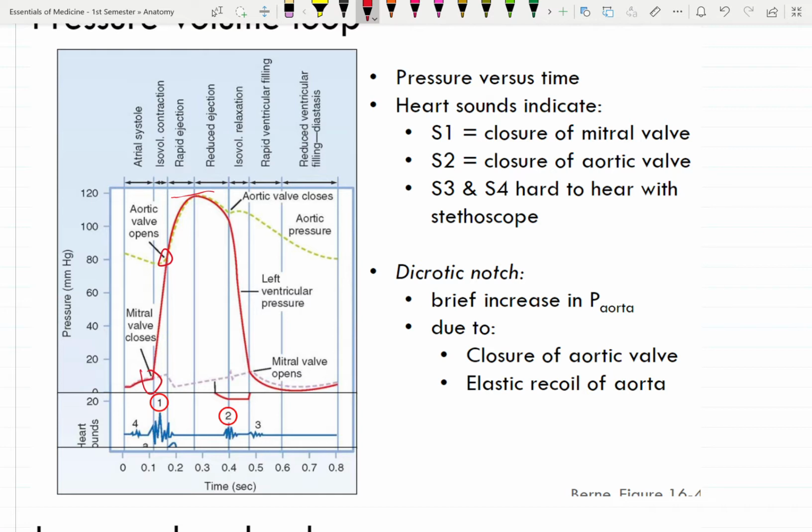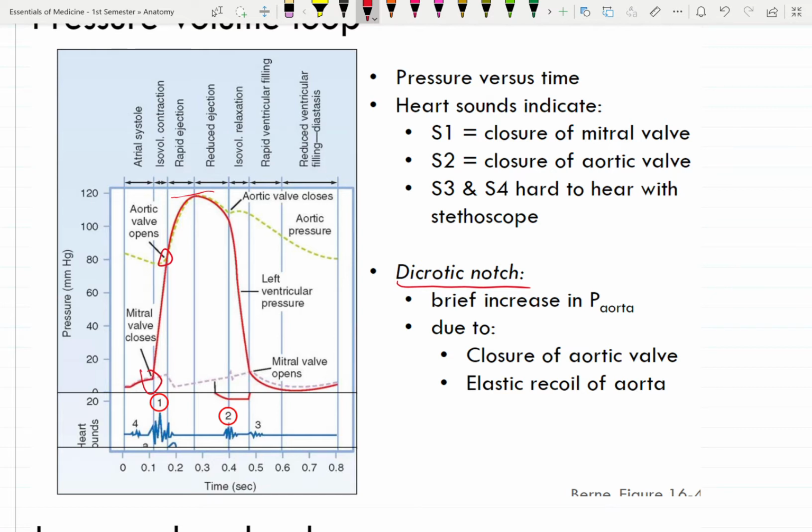Okay, so the next thing to look at is the aortic pressure that occurs at the aortic valve once it closes. There's a little, like it says here, dicrotic notch. The dicrotic notch is just a brief increase in the pressure of the aorta, and that is usually due to the closure of the aortic valve.